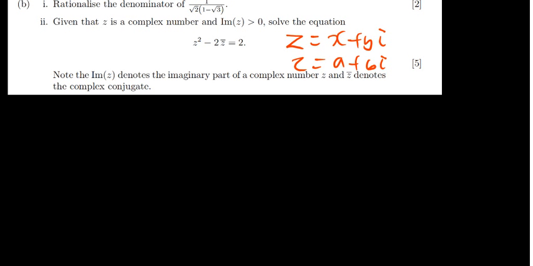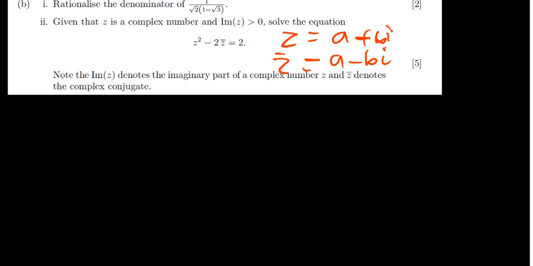Should we go with x plus yi or a plus bi? You choose. A plus bi. Okay, let's go with a plus bi. So if we say our z is equal to a plus bi, meaning what is our z bar? A minus bi. Simple as that.